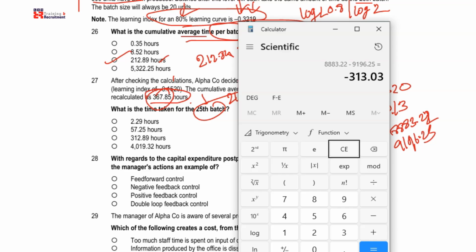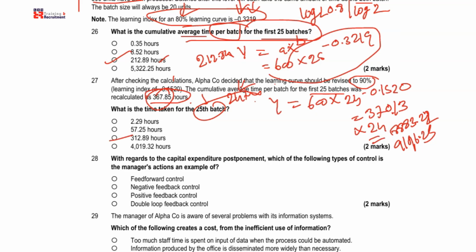Maybe in one of the calculations I rounded up, so take whatever comes on your calculator. Our nearest answer is 312.89, or 313 or 312 hours.